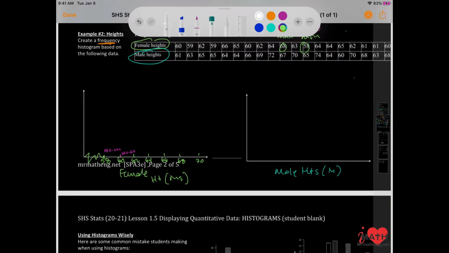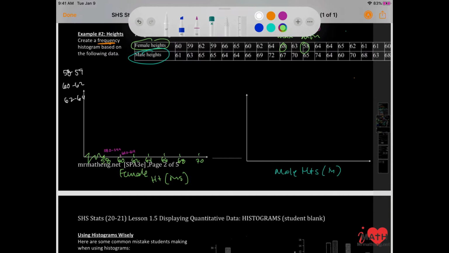Remember you can make my bins 58 to 60, 60 to 62, 62 to 64. So essentially it might be easier, let's try that again. This would be 59. Does that make sense?